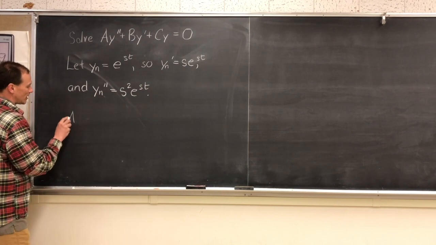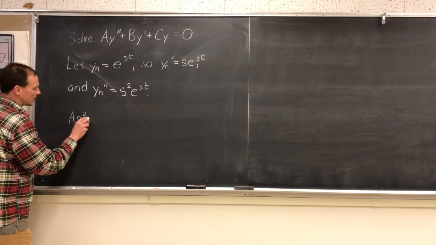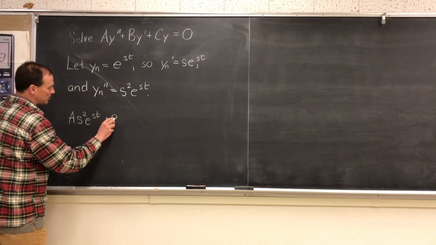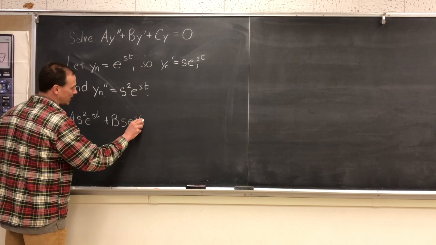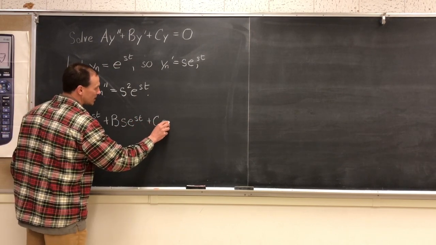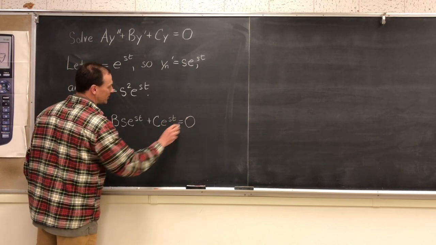That gave us a s squared e to the st plus b times s e to the st plus c times e to the st is equal to 0.